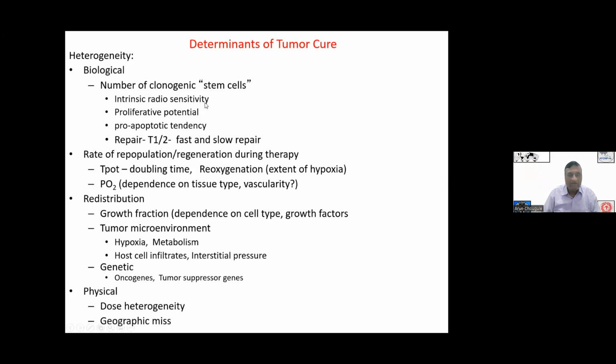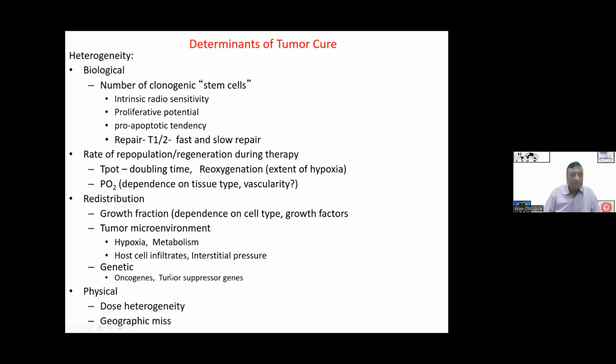Therefore, radiosensitivity, proliferative potential, pro-apoptotic tendency, repair, that is fast or slow repair, rate of repopulation, regeneration during therapy, doubling time, reoxygenation, redistribution, growth fraction, hypoxia, metabolism, cell-cell interaction, interstitial pressure, oncogenes, tumor suppressors: all these heterogeneities affect the final tumor control probability.